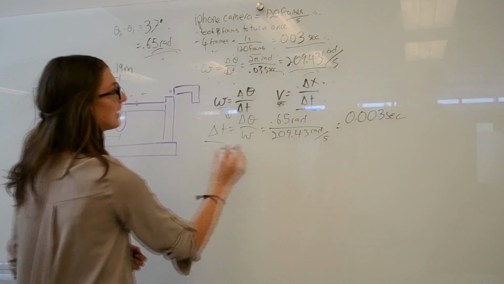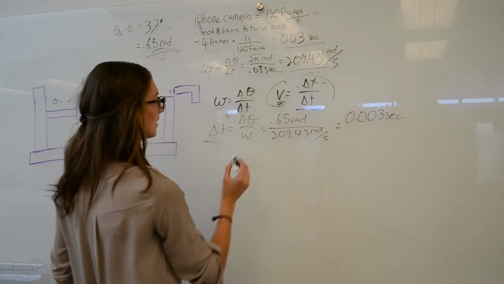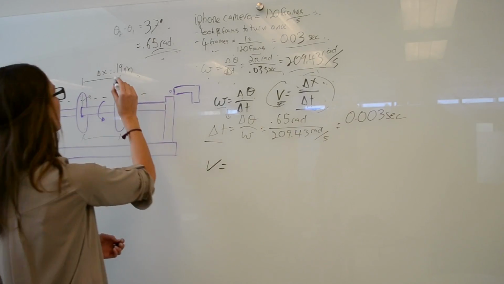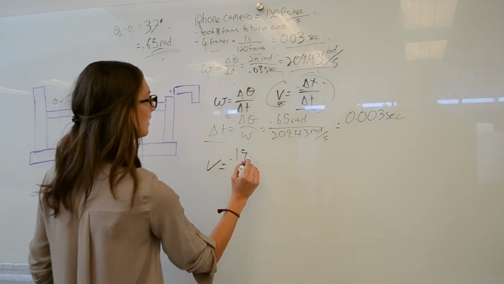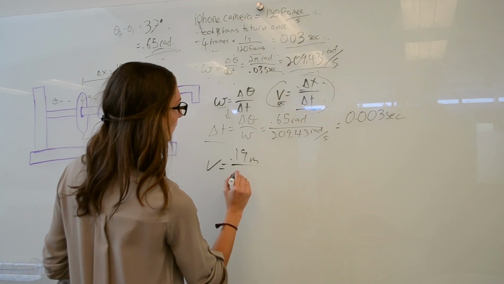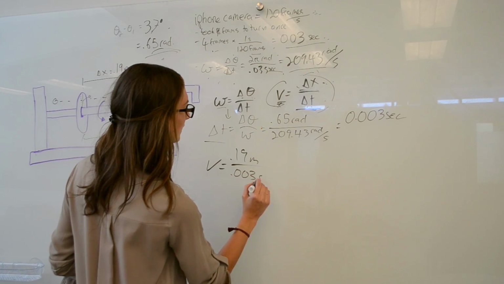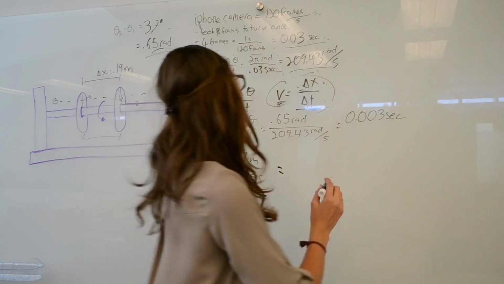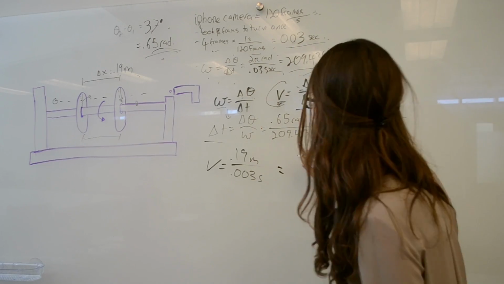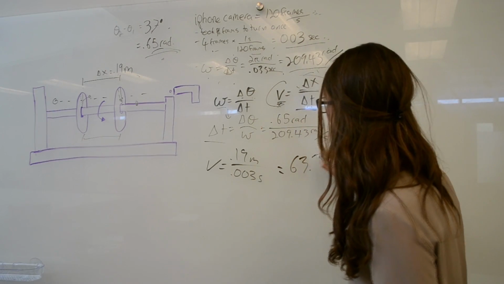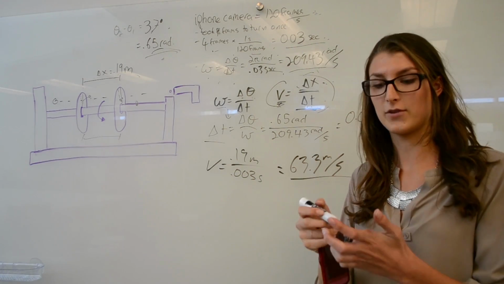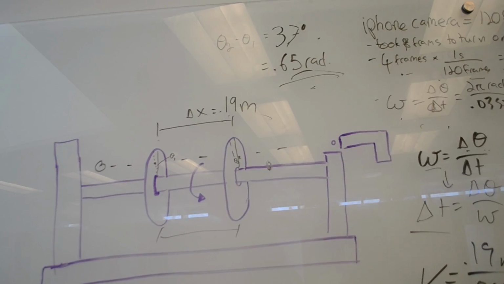And then we can plug that t back into this velocity equation. So velocity is equal to, this is a given, 0.19 meters divided by 0.003 seconds, which turns out to be about 63.3 meters per second, which is pretty similar to our other velocity, so we're happy.